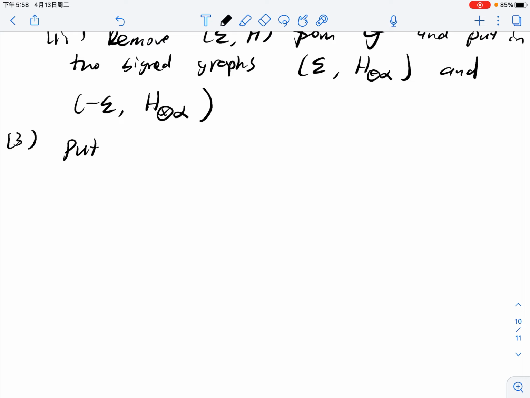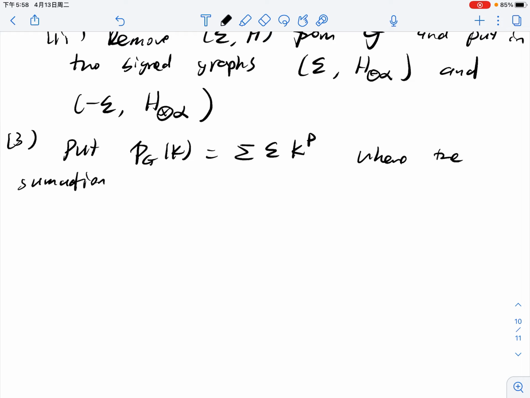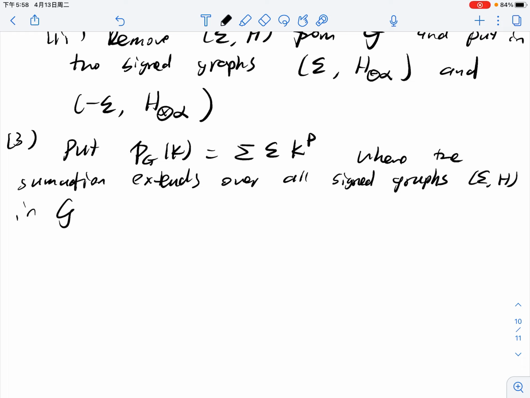And then finally put PGK to be the summation of epsilon KP, where the summation extends over all signed graphs epsilon h in Kyle G, and P is the order of h.